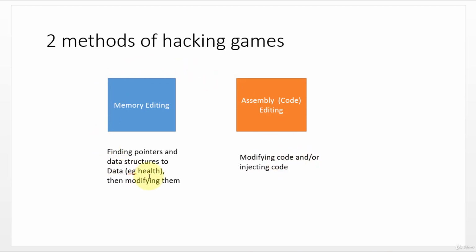This method is also used for cracking software. Some software are protected with packers. In those types of software, we cannot patch the files, so we can use this method, injecting code, to crack the software protection, or more accurately, to bypass the software protection.